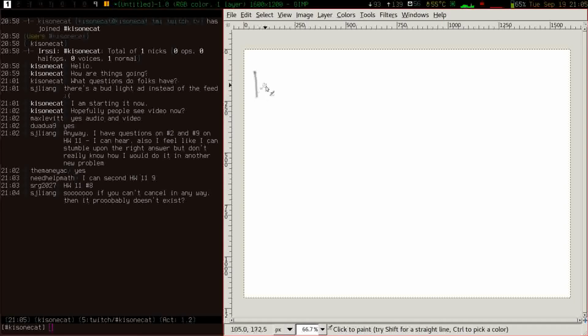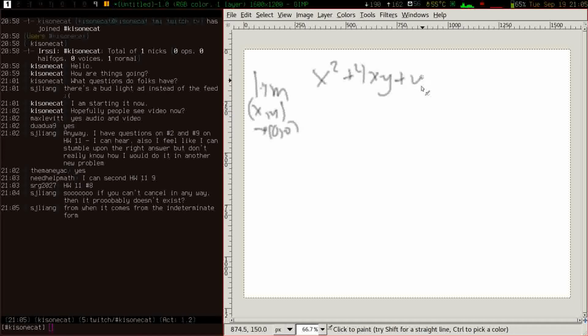So this problem is asking you to take a look at the limit as (x, y) approaches (0, 0) of x squared plus 4xy plus 4y squared all over 2x plus 4y. And the thing to think about here is that I can do some factorization.